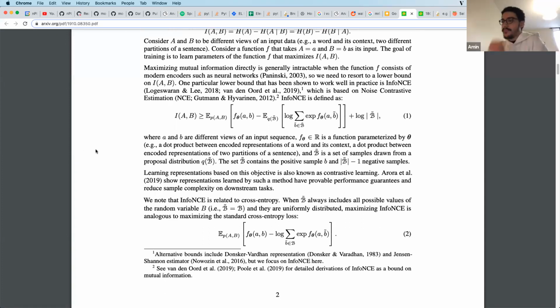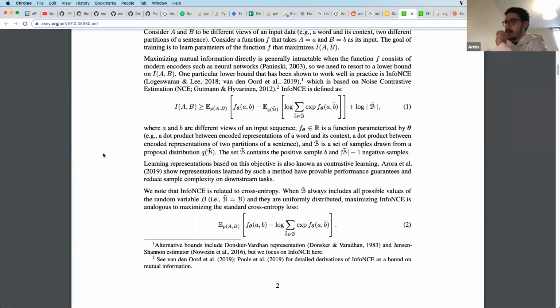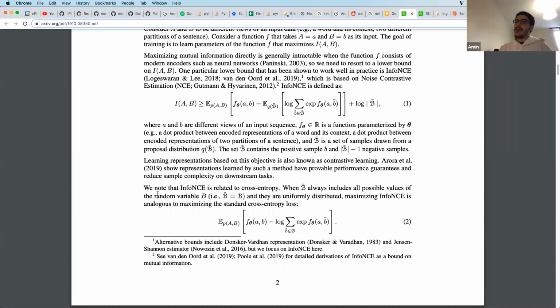Okay, so where were we? All right, so this is where this loss here comes from. There's a point here about how this relates to the standard cross entropy.